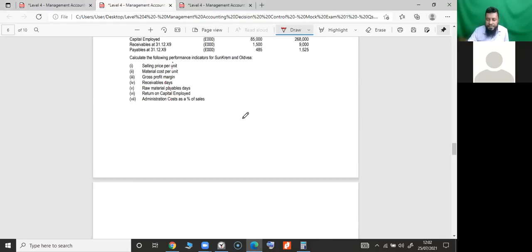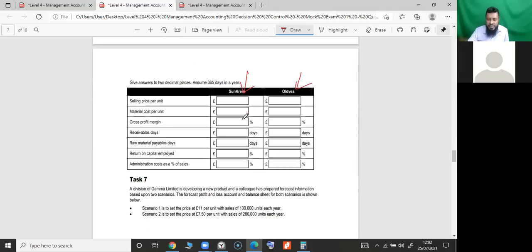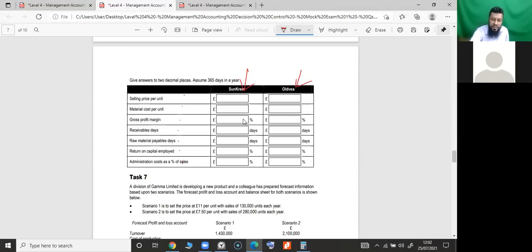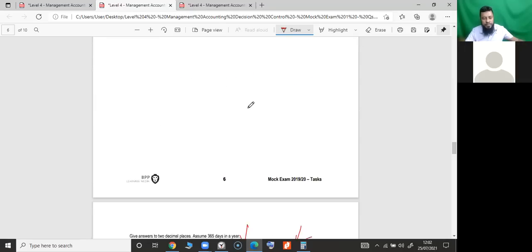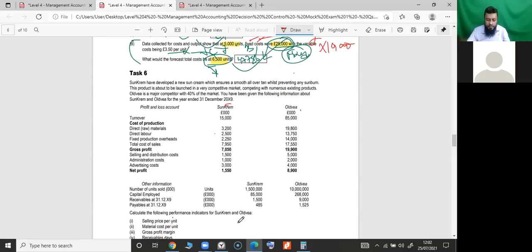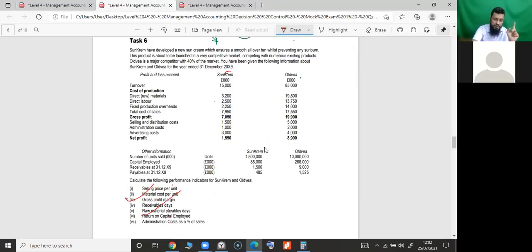9 minutes. Sun Cream. And 2 extra minutes given. Okay, 10 minutes given. Sun Cream. Give me all the answers of Sun Cream. Okay, get going. Get started right now. Sun Cream. All the answers.